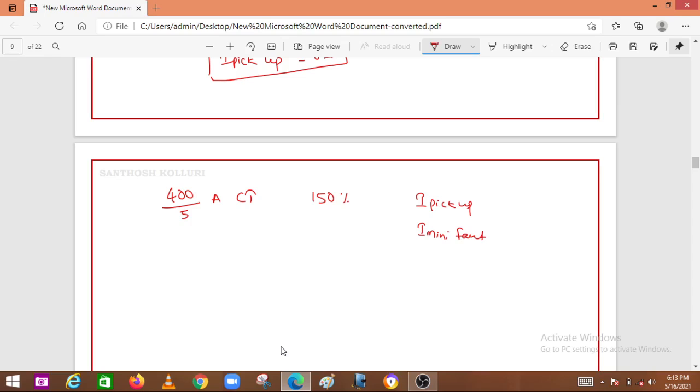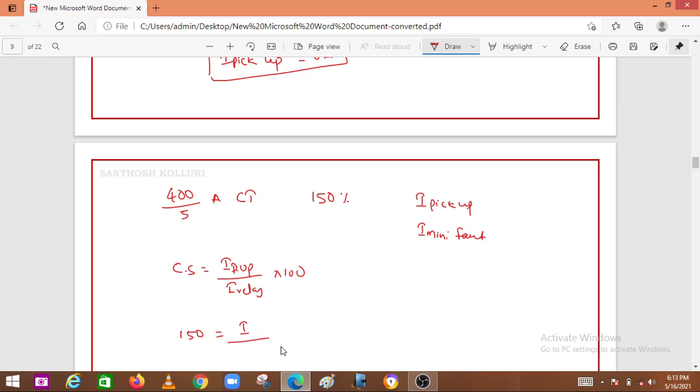The pickup current, how can you calculate the pickup current? Generally the same formula. Current setting is equal to pickup current divided by relay current into 100. So the current setting is given here as 150, equal to pickup current divided by relay current.